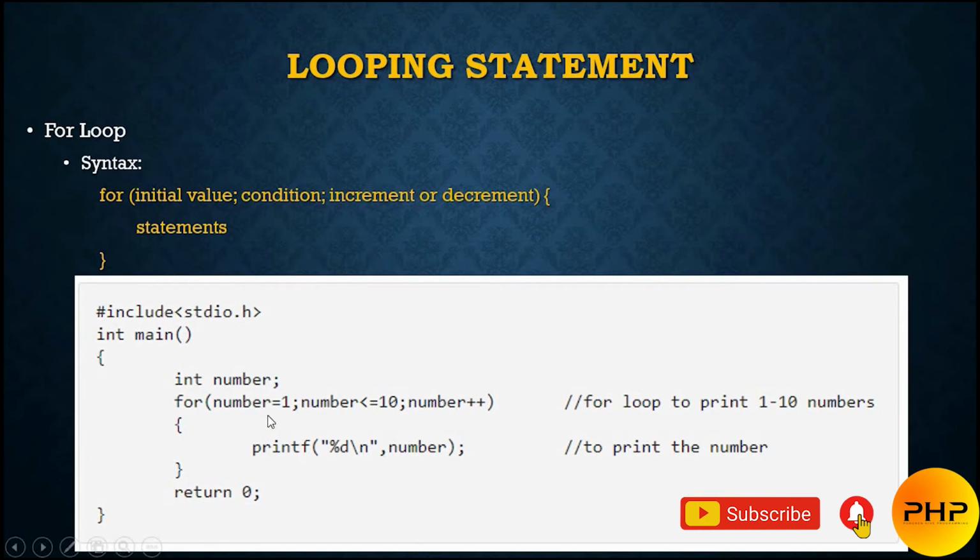Then print: first it displays 1, then adds one and goes to 2, checks against 10, then adds one and goes to 3, checks against 10, then 4. When it reaches 11, that is outside the boundary, so it stops and displays the results. That is how the for loop is used.